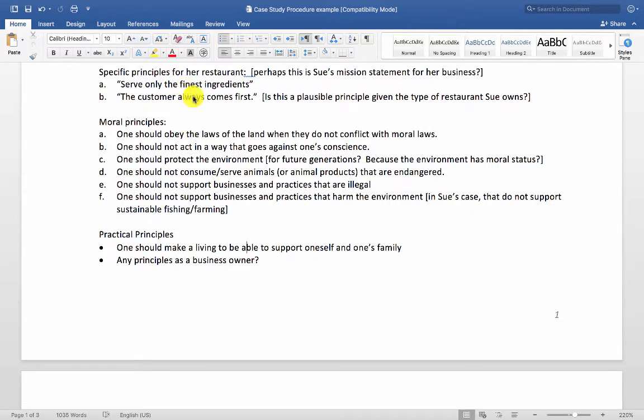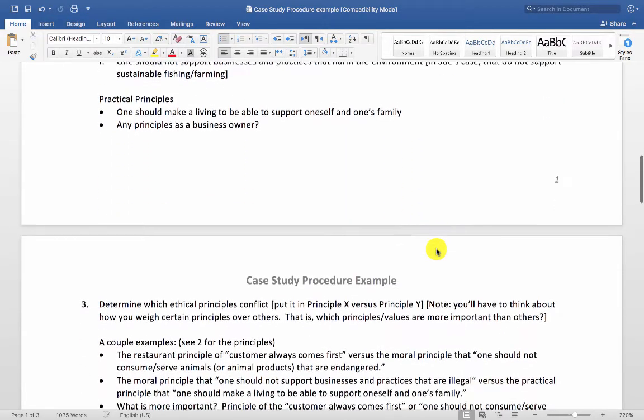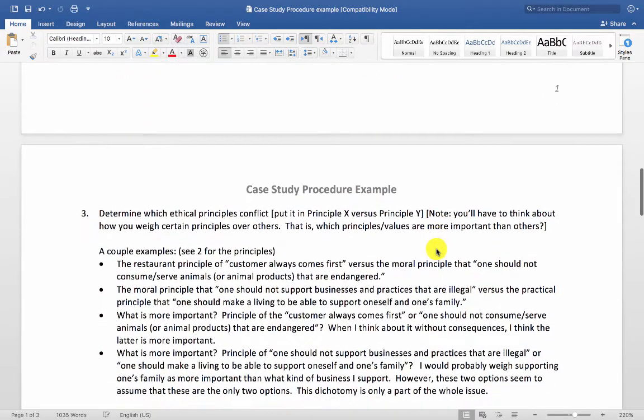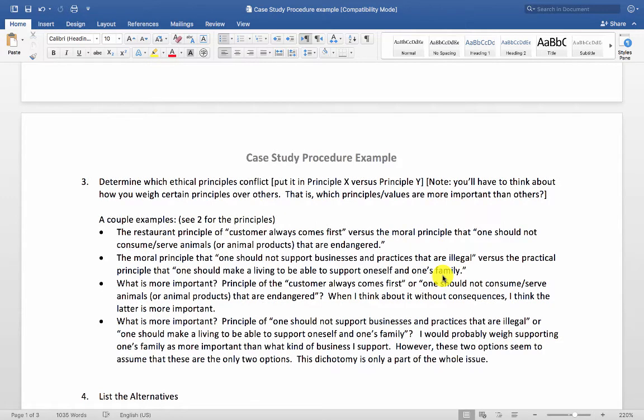In the conflicting circumstance of this case, I want you to be able to think and see which principles are conflicting. Remember, some values are higher than others. Some principles may be more important than others. So I want you to weigh the principles as well.